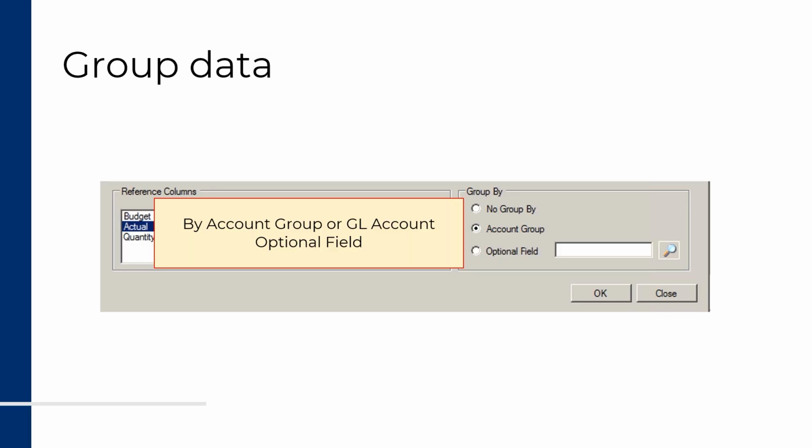Some of you would like to track your budgets by project, and you actually have an optional field defined in your GL module. That optional field is on the GL account level, and it represents basically a project. So if you wanted to sort your budget sheet by that optional field or project, we are able to do that as well, so that when your recipient receives the template, the sorting is done by the project instead of the GL account.